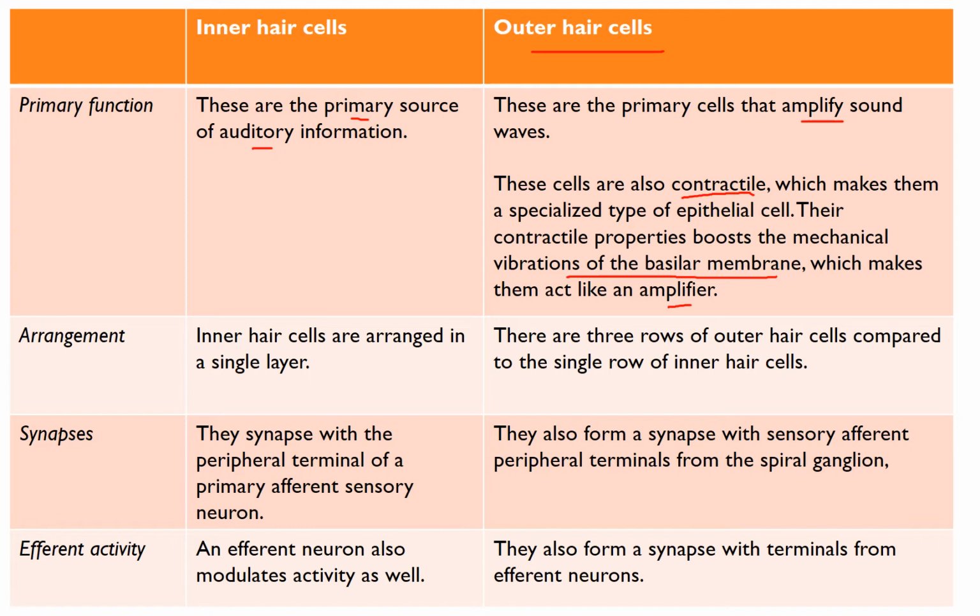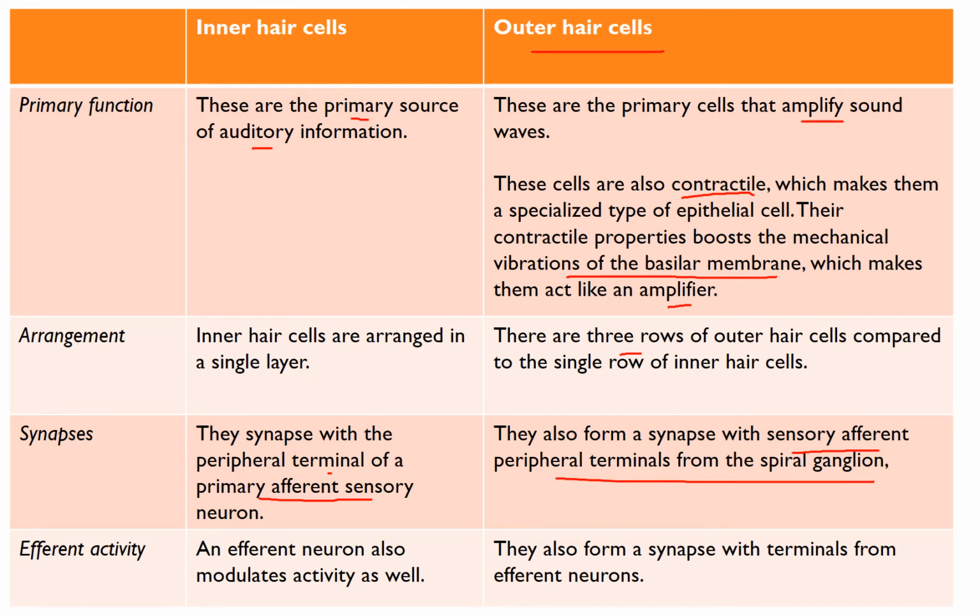Now arrangements are different. There is a single row of inner hair cells, but there are 3 rows of outer hair cells. The synapses on the inner hair cell side are with a terminal of the primary afferent sensory neuron, and they do so with primary afferent neurons from the spiral ganglion in the outer hair cells.